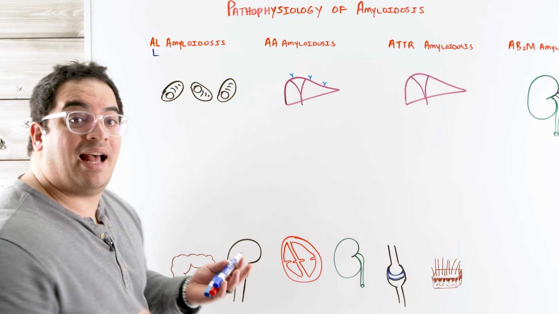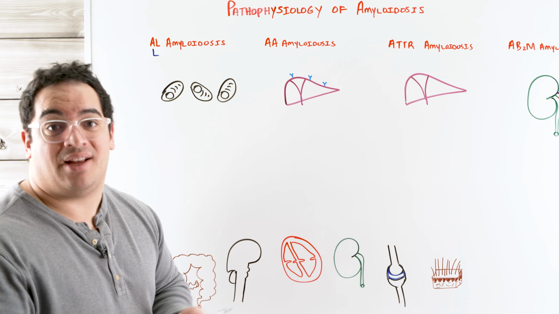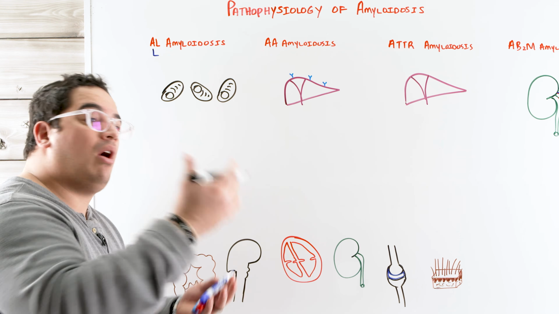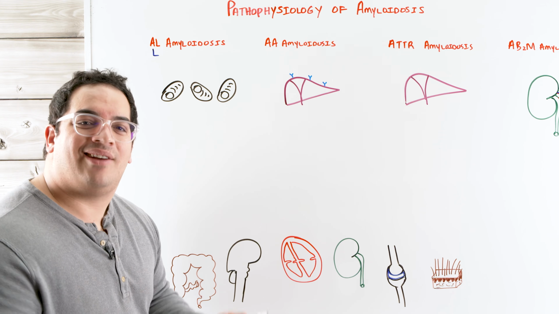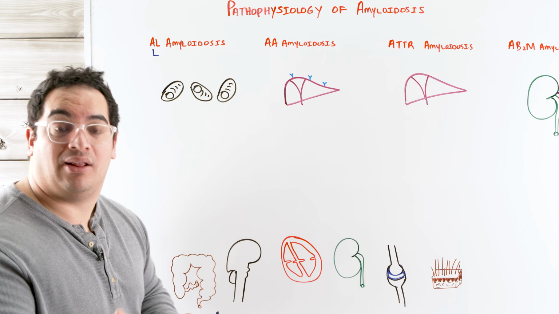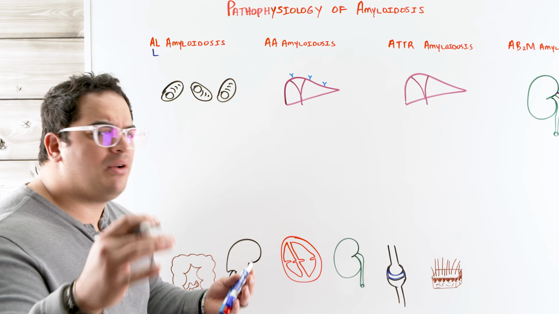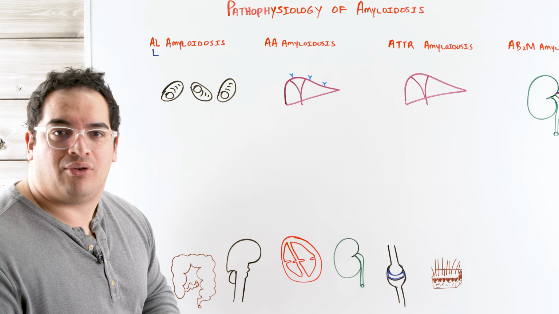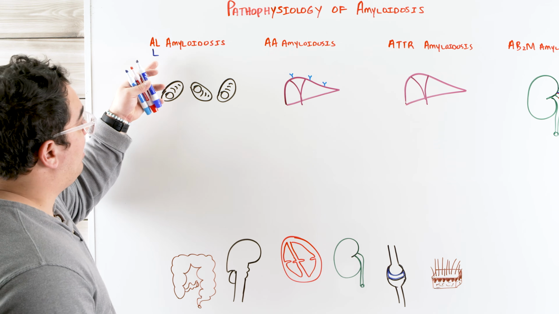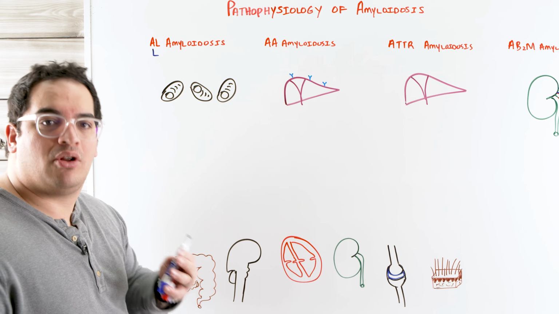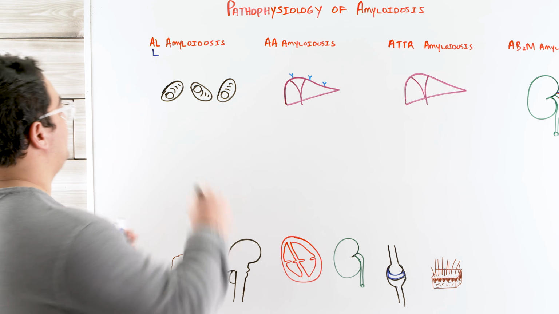Sometimes they call them plasma cell disorders, sometimes they call them plasma cell dyscrasias. It's the same thing. We talked about it in our initial video. What did that encompass? That encompassed things like multiple myeloma, monoclonal gammopathy of undetermined significance, and to a small degree, Waldenstrom's macroglobulinemia. So again, AL amyloidosis is primarily going to be multiple myeloma and MGUS.